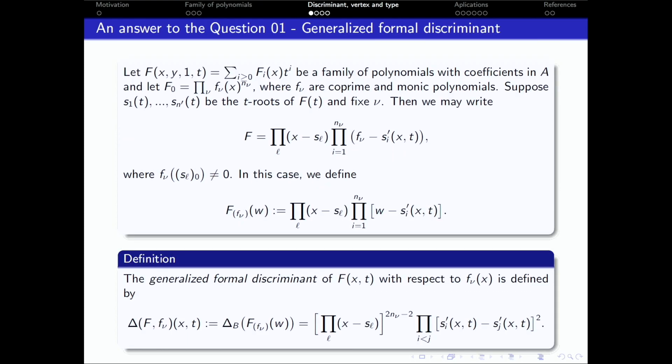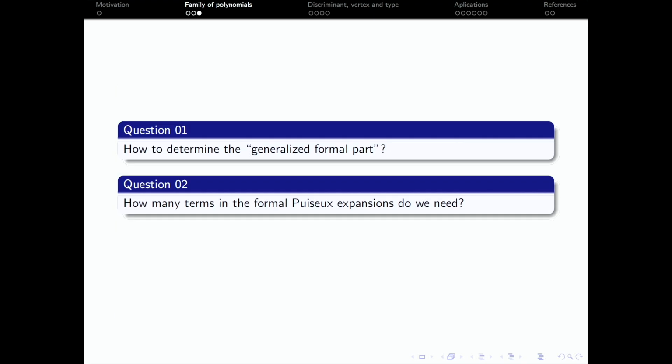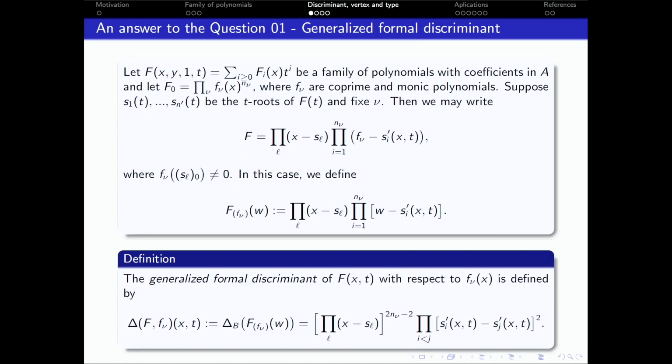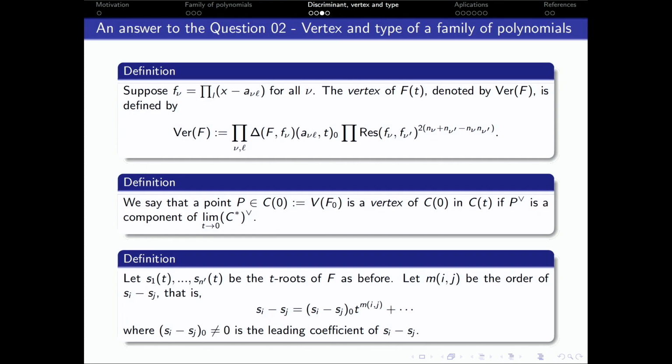So question 2 here is equivalent to determining how many terms you need to compute the vertex. And the number is the general type, as we see.